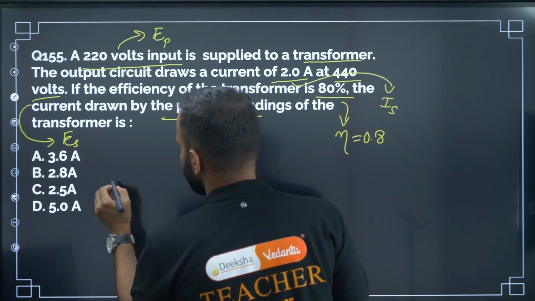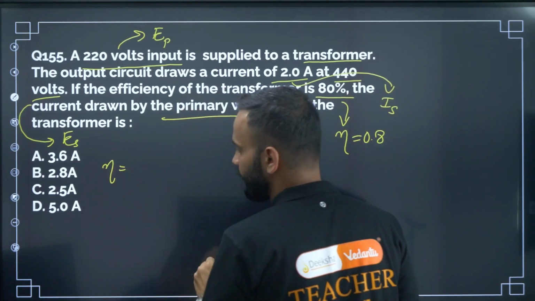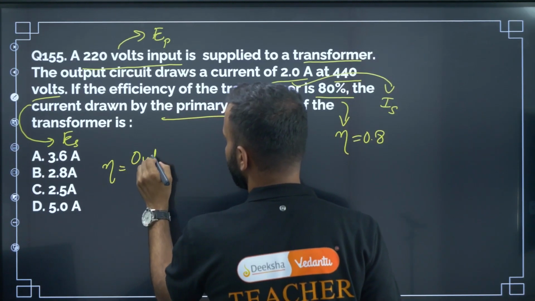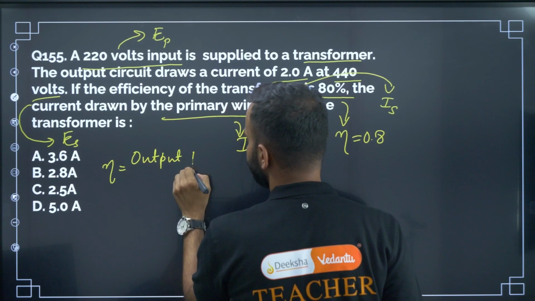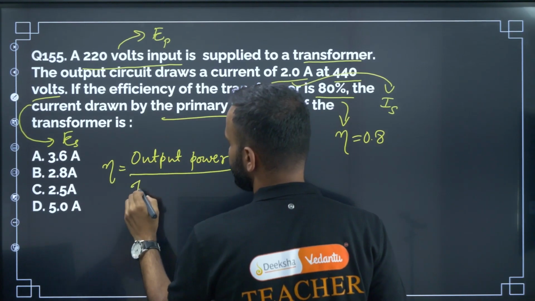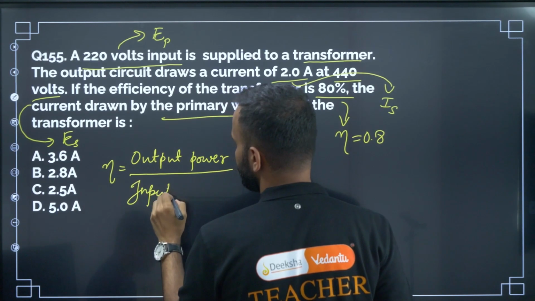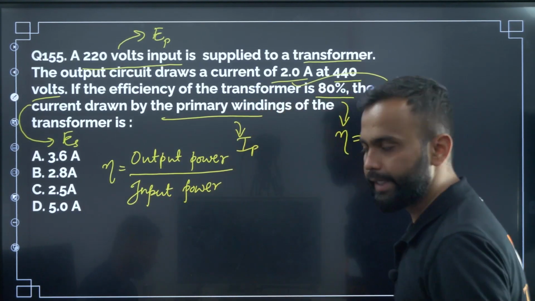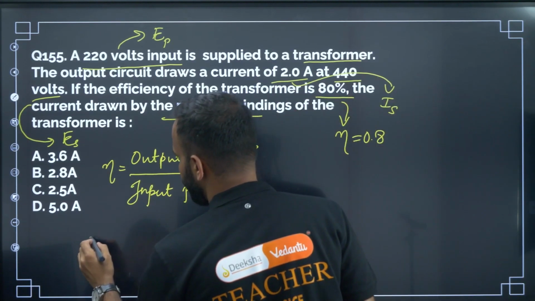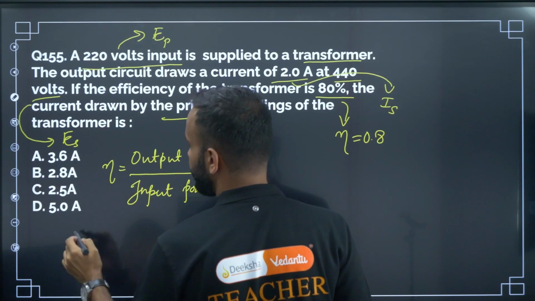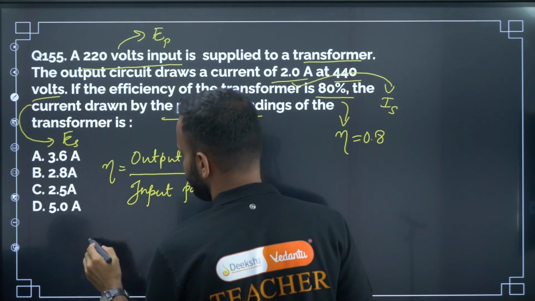So we know the efficiency, right? Efficiency is equal to output power by input power, right?